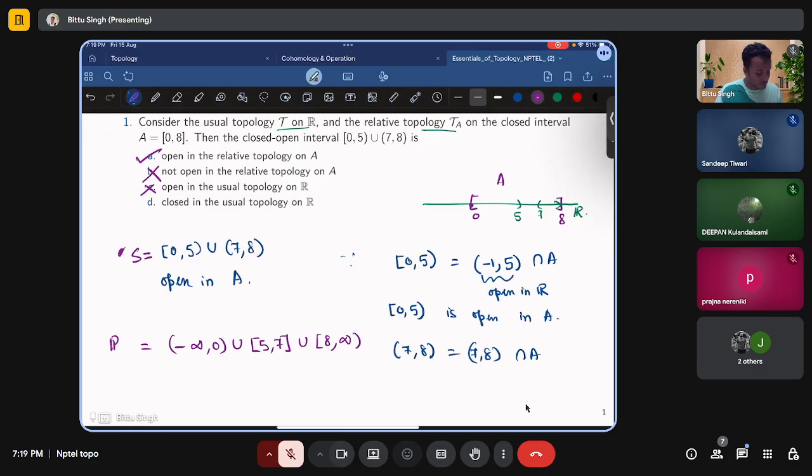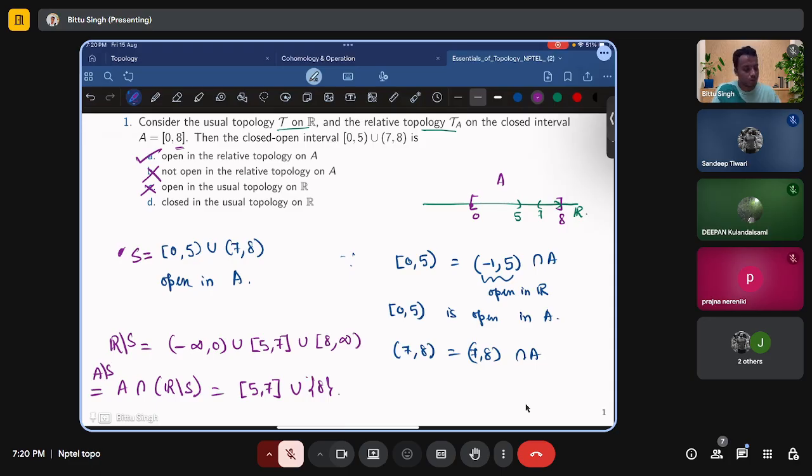This is actually R minus S, but we need to see the complement in A, that is, we need to take the intersection. So on 0 to 8, the complement is only 5 comma 7 union, this 8 is also there. So we are taking this complement A minus S.